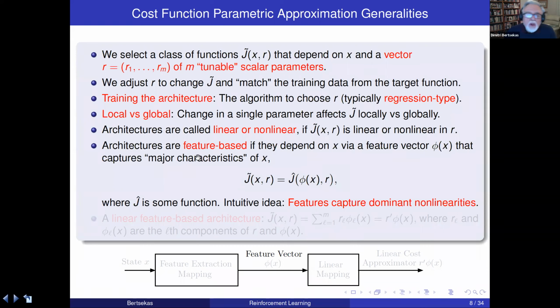Another very important concept. An architecture is called feature-based if it depends on X via a feature vector.